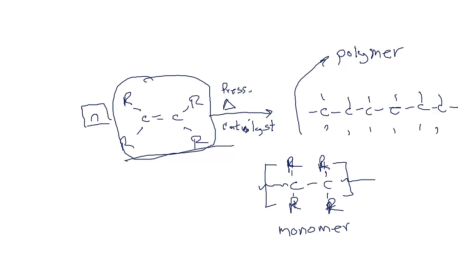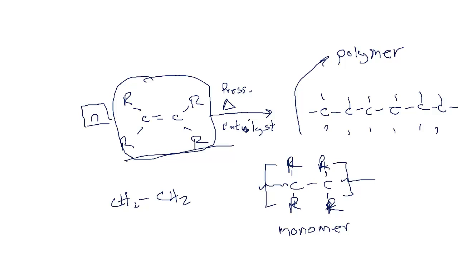And so this is like one of the common, this is probably the simplest way to introduce a polymer. And so if we take ethene, and so these R's are all hydrogens, and we add pressure, heat, catalyst, we get this long chain of repeating units of CH2 bonded to another CH2.